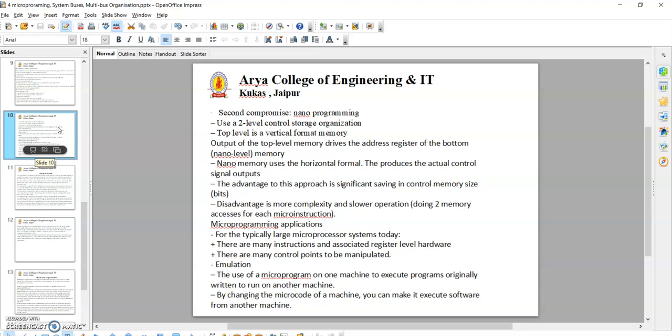The advantage of this approach is a significant saving in control memory size, and the disadvantage is more complex and slower operation. Microprogramming applications are typically for large microprocessor systems today, where there are many instructions and associated registers, hardware level control points to be manipulated.